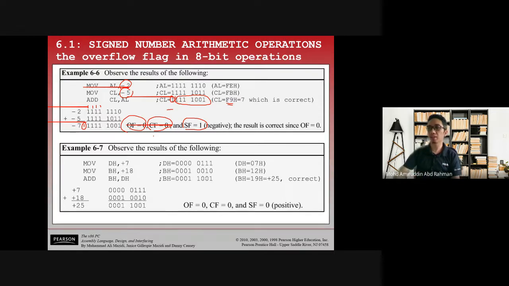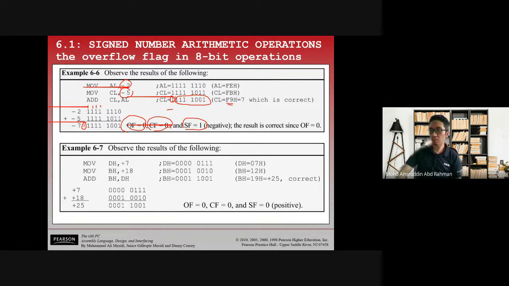Even though there is a carry out of D7, CF over here is 0, because the calculation is already correct, so it should not be brought to any more operation. And OF is also 0.